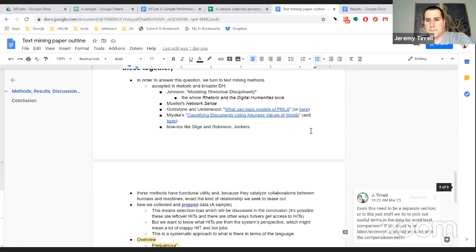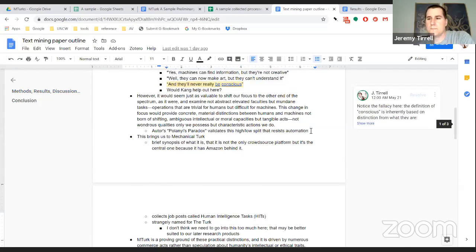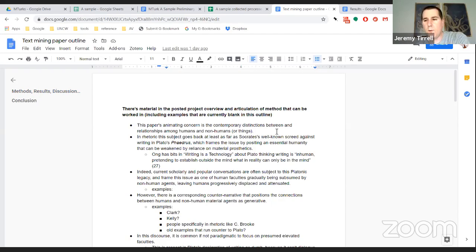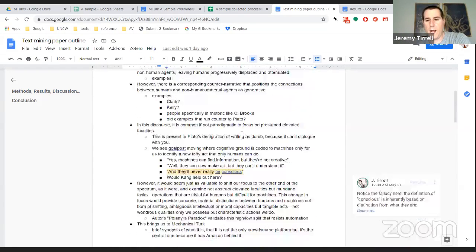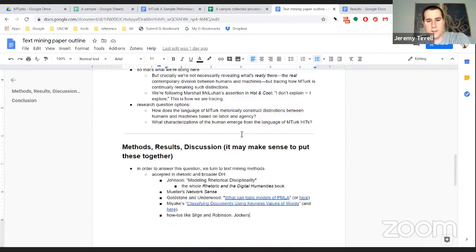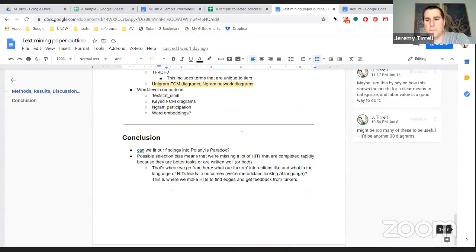So here's the outline. Basically, we're more or less following the IMRAD structure. We've got our introduction, which for us right now is a fair whack of the outline, really kind of half of it.